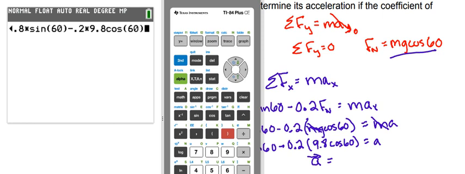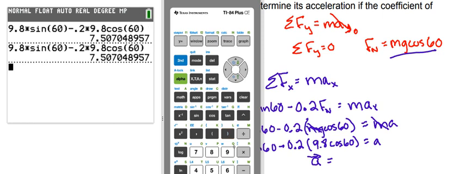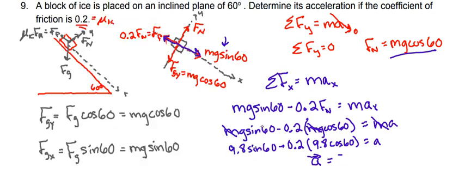Make sure your calculator's in degree mode, not radian. Whoops. And we get an acceleration of 7.5 meters per second squared. That's pretty impressive for only being told the angle and the coefficient of friction. That's the acceleration. It's a good problem.